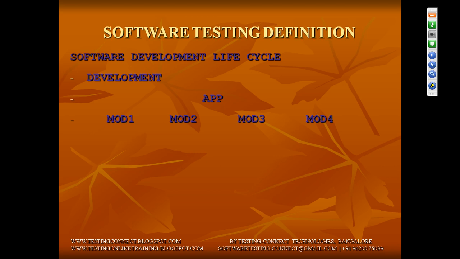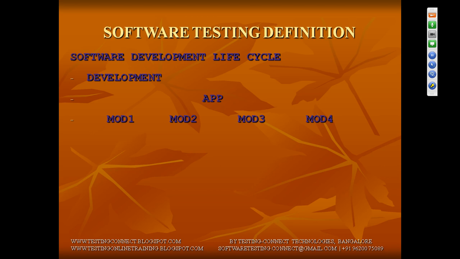Initially they divide it into modules, depending on the complexity of the application. It may be 2 modules, 3 modules, 5 modules, or some applications may have 10 modules: module 1, module 2, module 3, module 4.